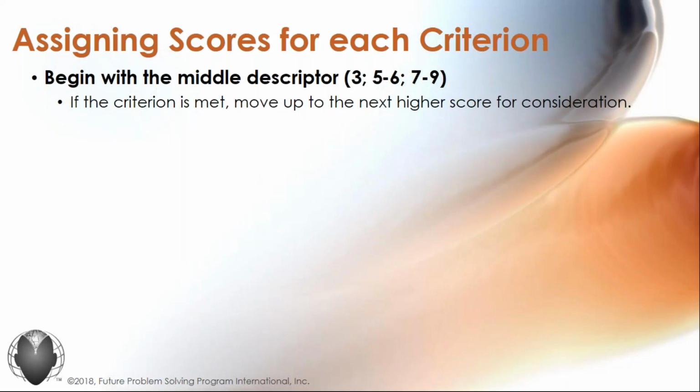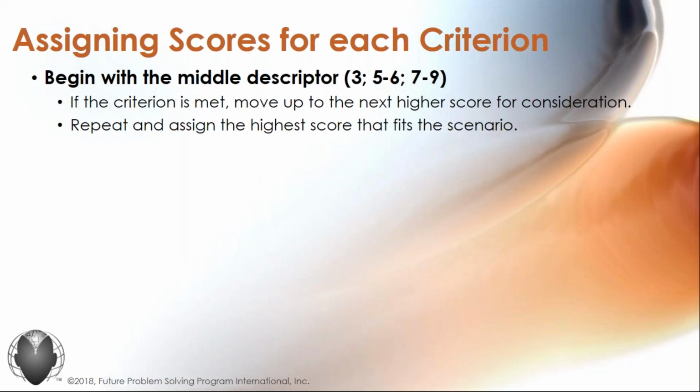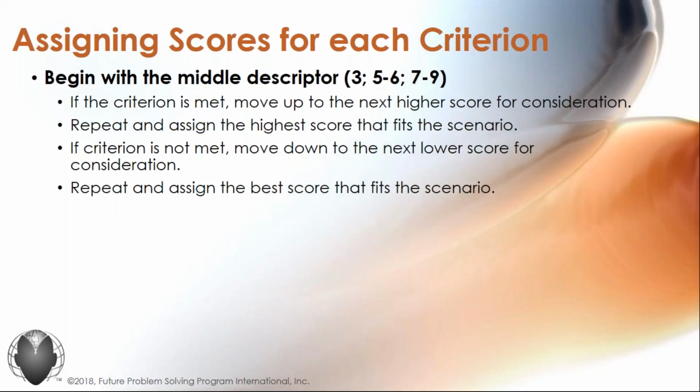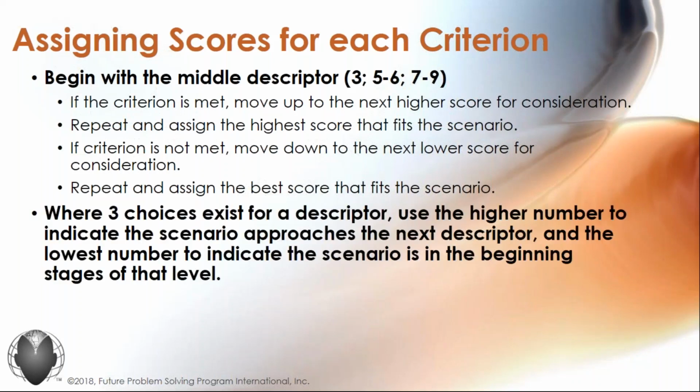This writing needs to move up to the next higher score. And then they look at the next higher score and they might say, okay, great, this scenario meets all of these things. We're going to move up to the next higher score. If that higher score isn't met, then they would move down to the next lower score. And then you repeat and then assign the best score that fits the scenario within that range.